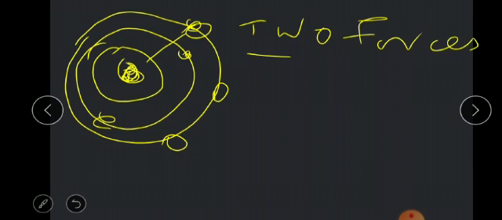What are the two forces exerted? One force is the electrostatic attractive force between the electron and the nucleus. Forces are also exerted between the electrons. Since there are two electrons, forces are exerted between them as well. This one is also negative charge.